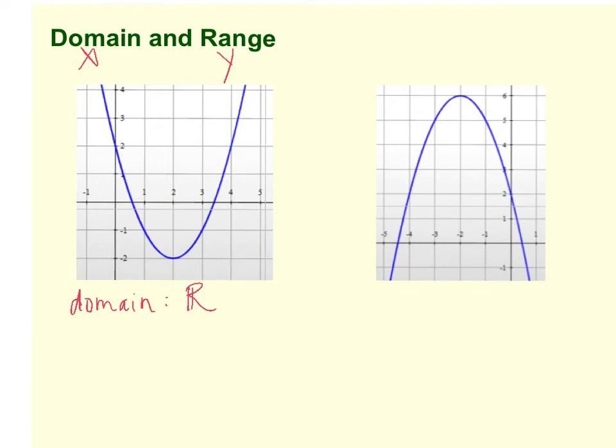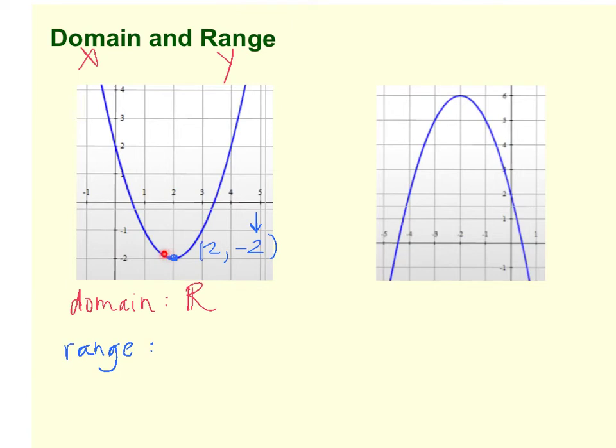So when we identify our range, well, what is our range? Again, that vertex, let's see, it's 2. It's that y value, that -2. We have a graph at -2. The graph hits a -1 for the y, a 0, a 1, a 2. It's going to hit all those positives.